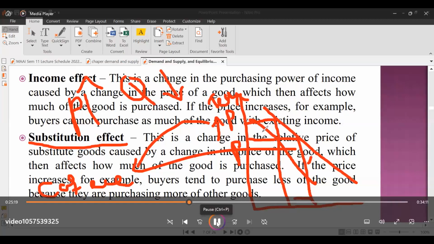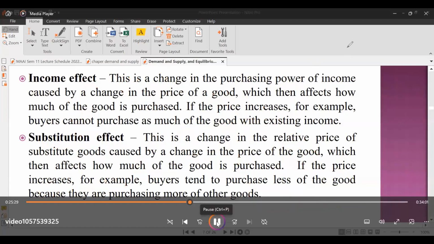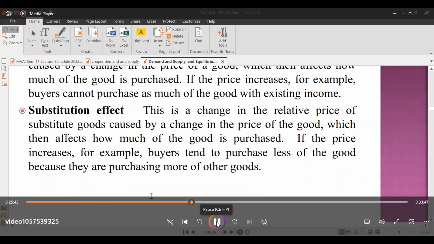They will shift to the substitute markets. So that is the substitution effect. So why is there an inverse relationship between price and quantity? Because of the income effect and the substitution effect.